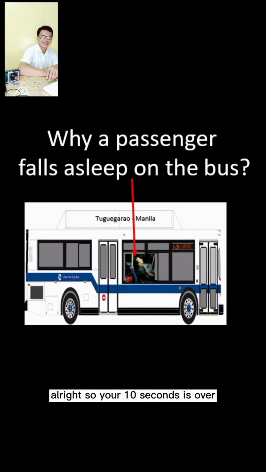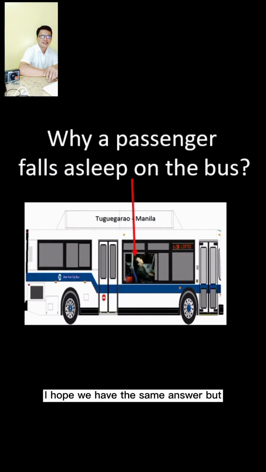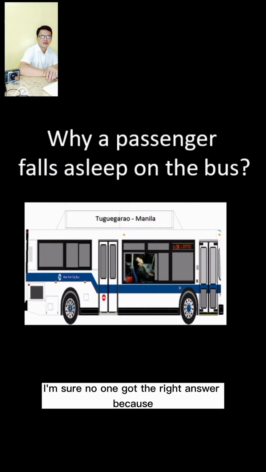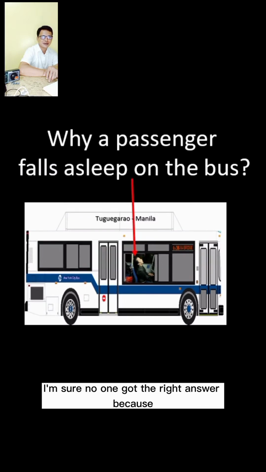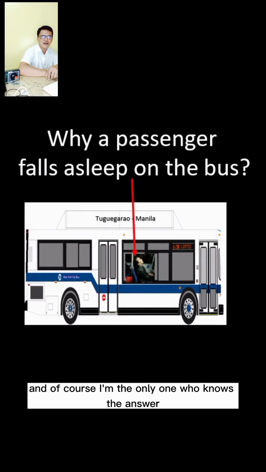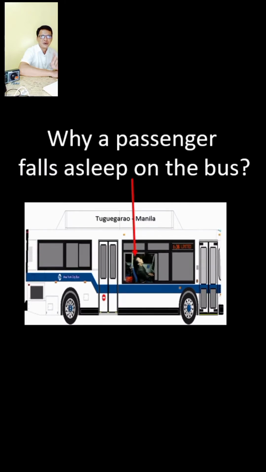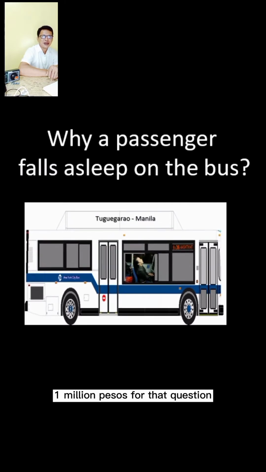Alright, so your 10 seconds is over. So why does a passenger fall asleep on the bus? I hope we have the same answer, but I'm sure no one got the right answer because I'm the only one who made this question, and of course I'm the only one who knows the answer, and also I cannot pay you 1 million pesos for that question.